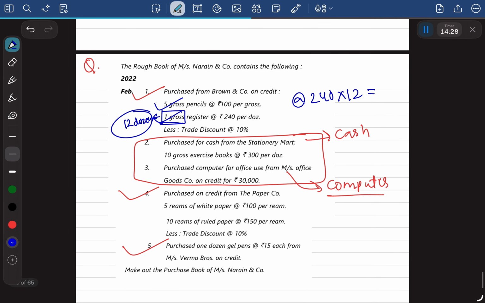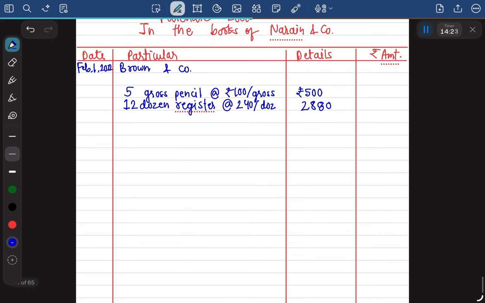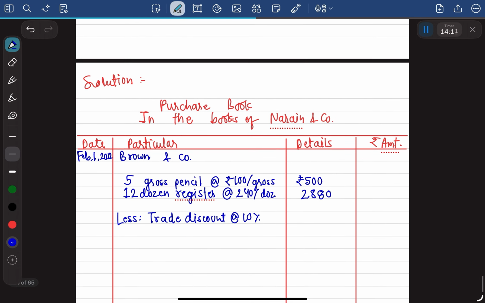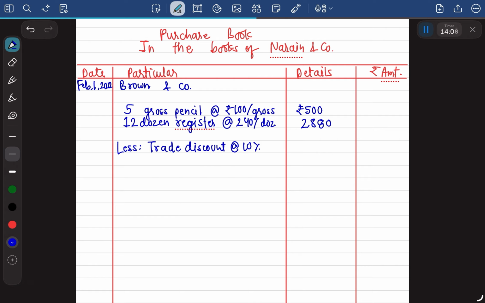So now we have to deduct trade discount at the rate 10%. So I write here less trade discount at the rate 10%. I will total both the 500 and 2880 rupees and multiply by 10%.